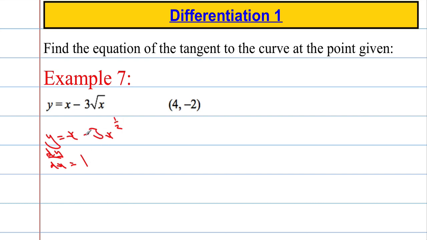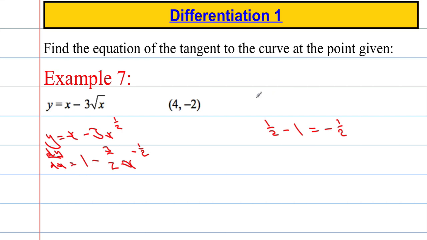Power comes down in front, so negative 3 times a half, I'm going to write as negative 3 over 2. And when I reduce the power of a half by 1, I get x to the power of negative 1 half. The reason, because a half subtract 1 equals negative 1 half.